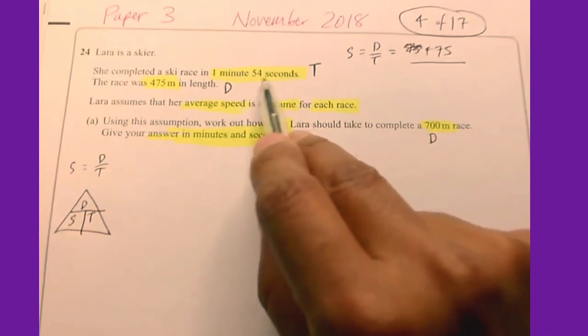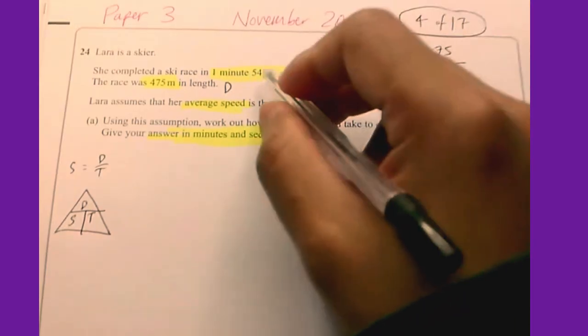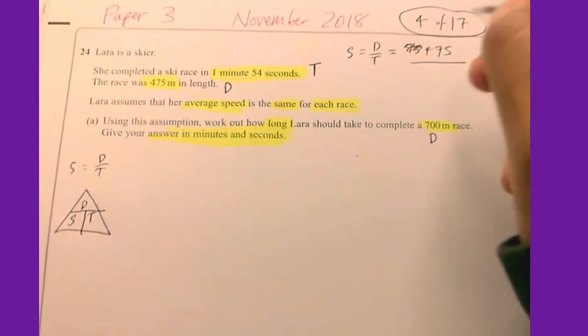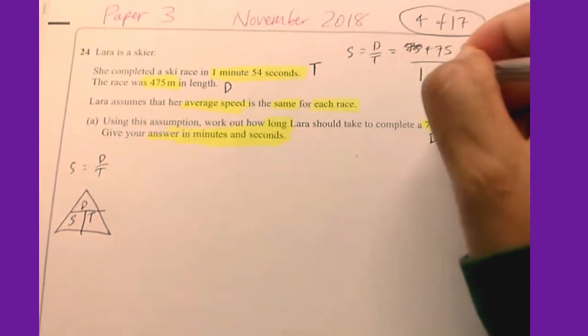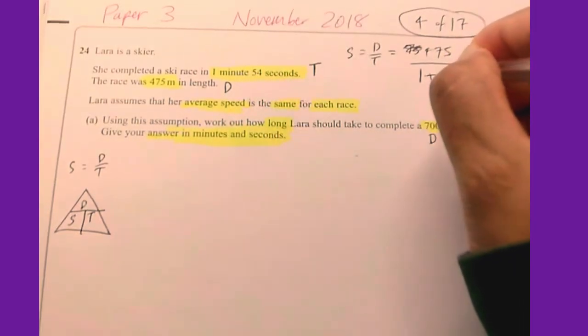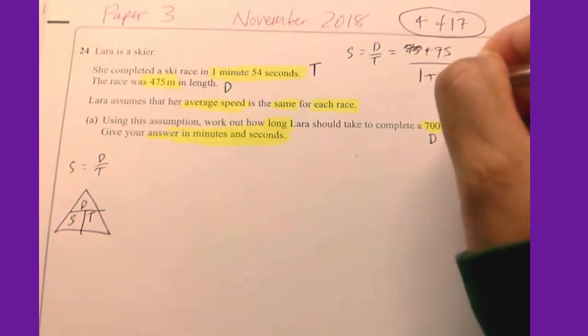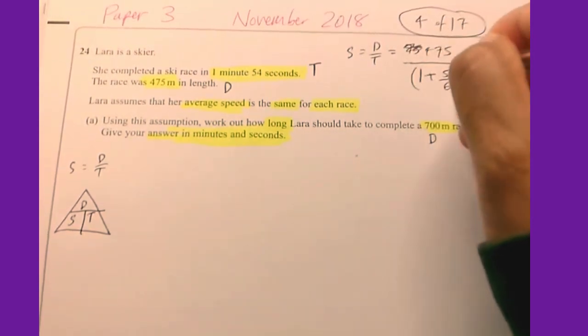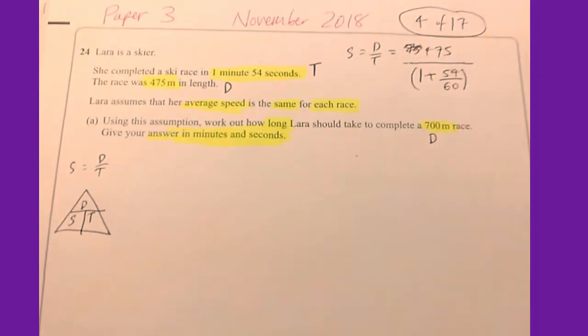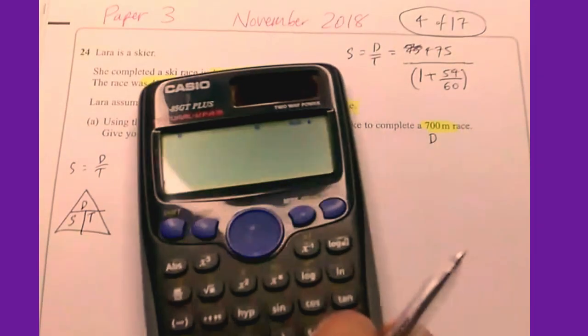So I need to keep them the same. So I'm going to have 1 minute and 54 seconds. How many seconds make a minute? 54 divided by 60. So it's a bit like the last question that we did. So I'm going to keep it like that. I'm going to get my calculator.